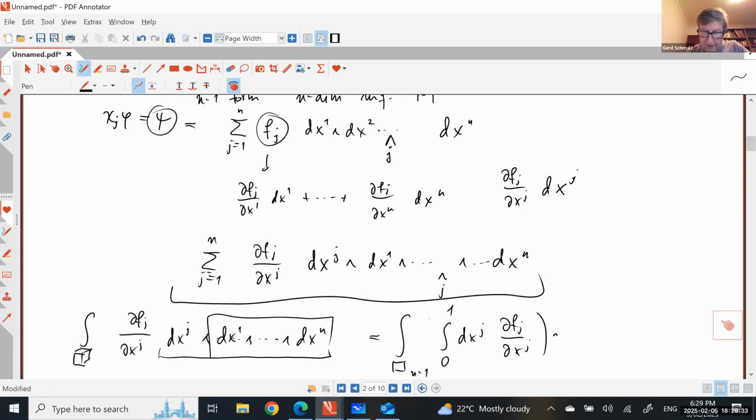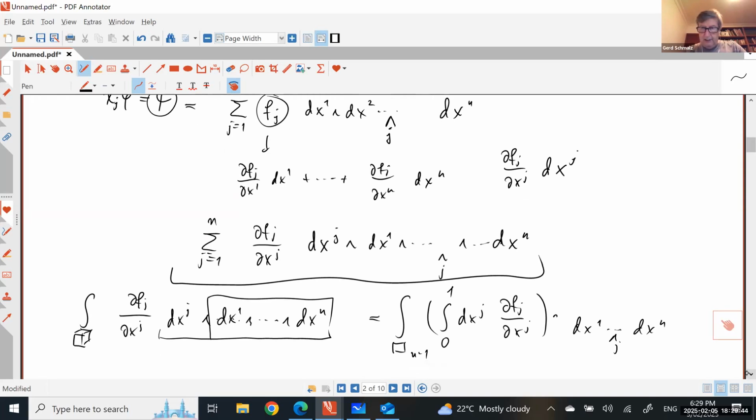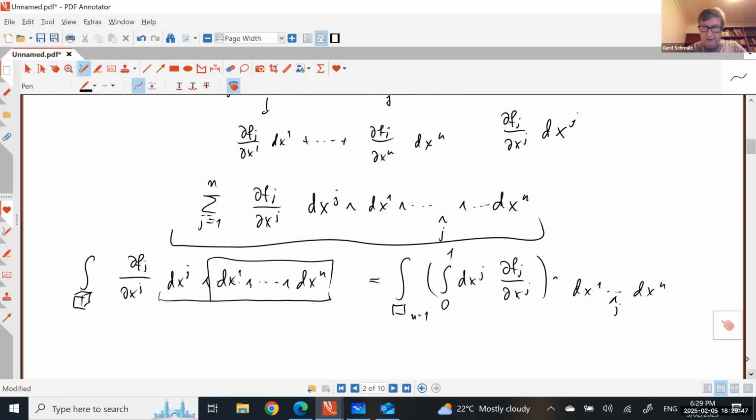So this first, and then dx_1 ... dx_n without the j. And now all that remains is to apply the fundamental theorem of calculus.